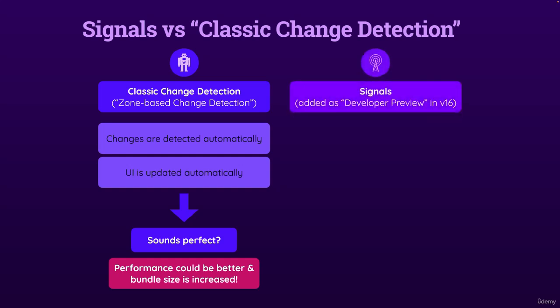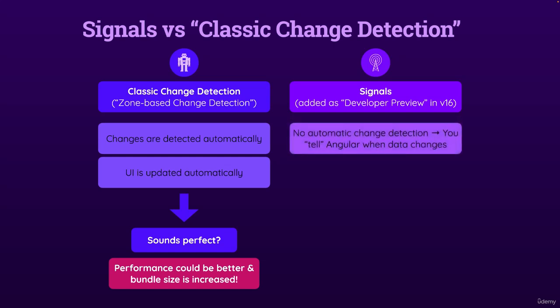And that's where signals come in. Signals give us an alternative way of managing and detecting those changes, and they allow Angular to get rid of that extra library. They allow Angular to stop watching your entire application, and they therefore can lead to better performance and a smaller bundle.